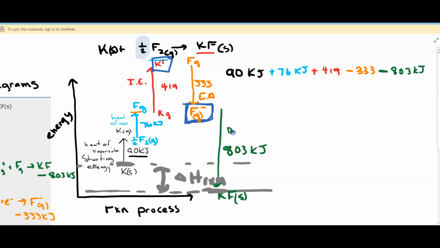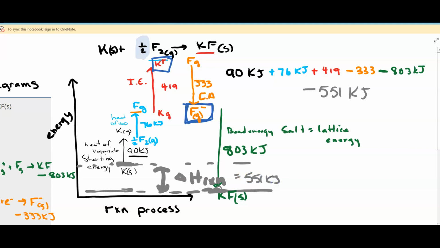And that would be our bond energy. In this case, because it's a salt, we call it a lattice energy. And so I get that that is a difference of 551 kilojoules of energy. So our heat of reaction, the difference from where we started and where we wound up down here, is 551 kilojoules difference. And that is our heat of reaction.